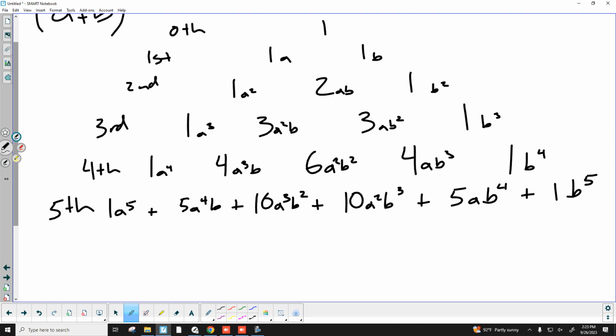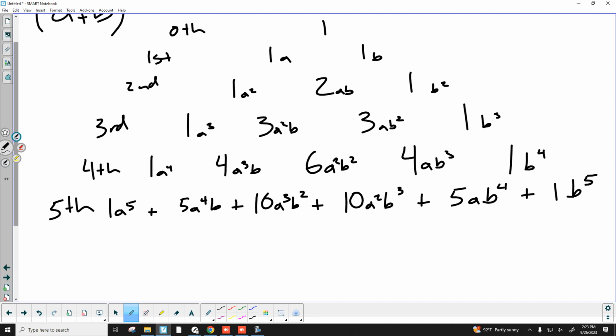How do I do the coefficients? Swanee, I'm sorry, you didn't see the pattern. 1, cool. Think about zeros on the side. Okay, so 1 plus 0 is 1. 1 plus 0 is 1. Now, if you got two numbers next to each other, you're going to add them together, and you'll put it in between.